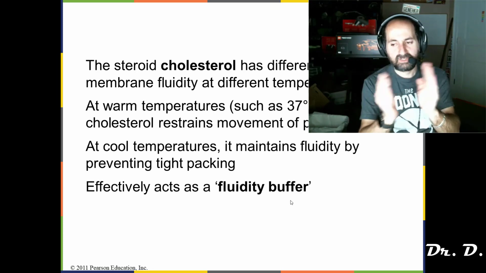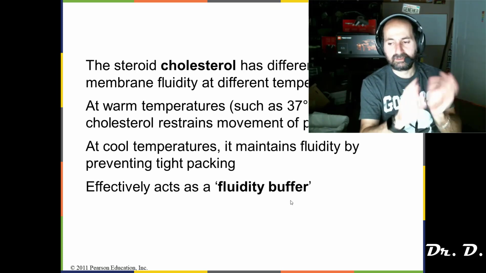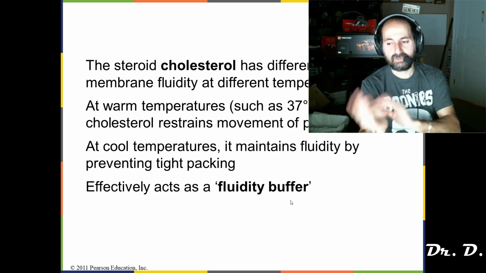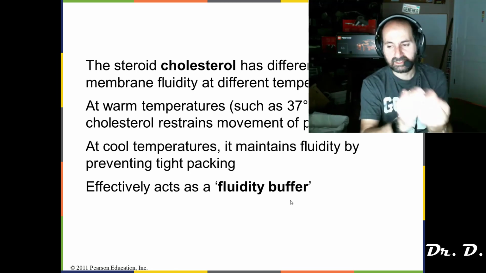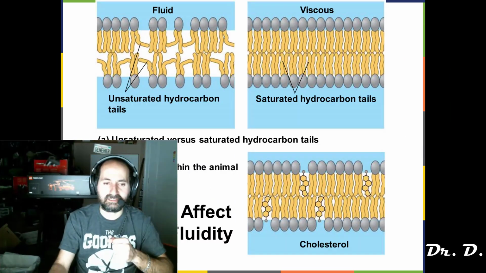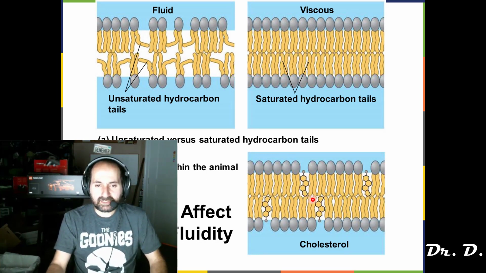That's a fluidity buffer. When it gets too cold, the membrane wants to freeze, but cholesterol keeps the membrane moving instead of freezing. If it gets too hot, the membrane wants to break apart from too much movement, and cholesterol can suppress some of that movement, keeping it from breaking apart. And by the way, these cholesterol steroids exist in the membrane of cells, but only in animal cells. Animal cells have saturated fatty acid tails.